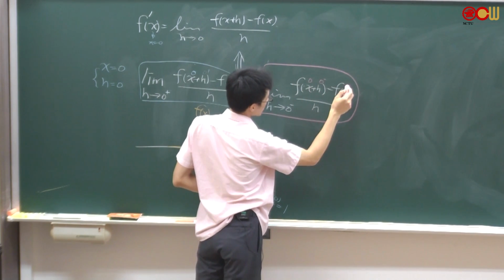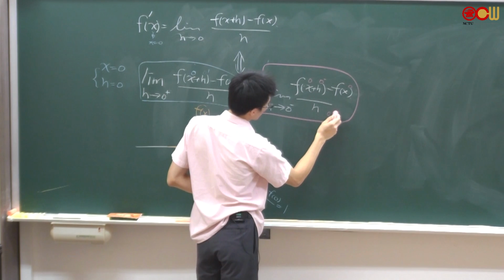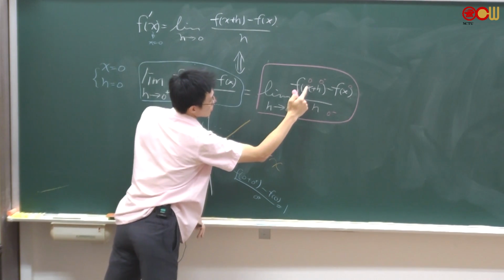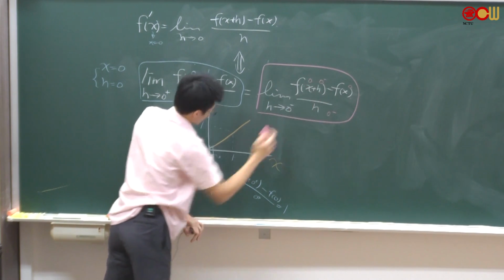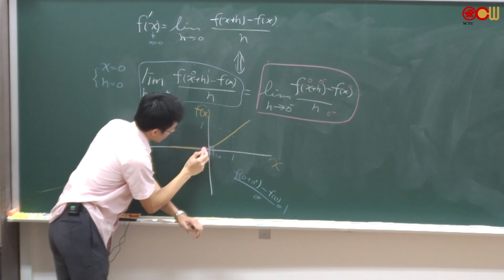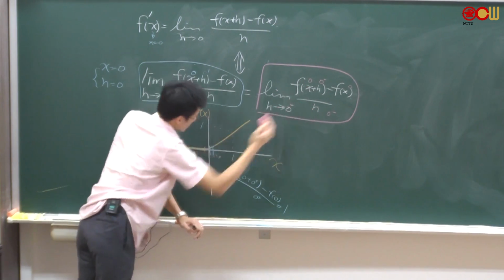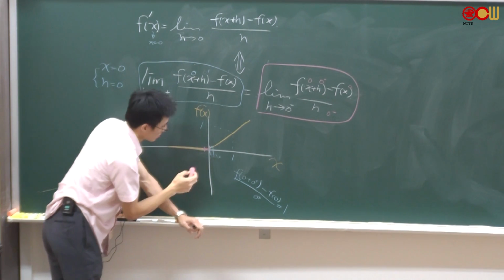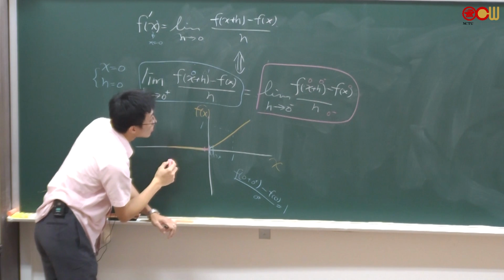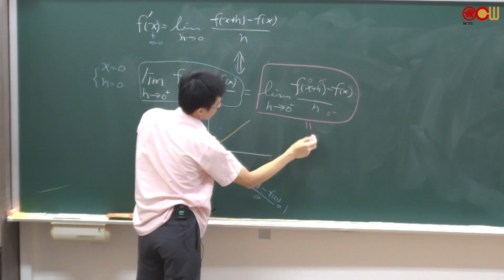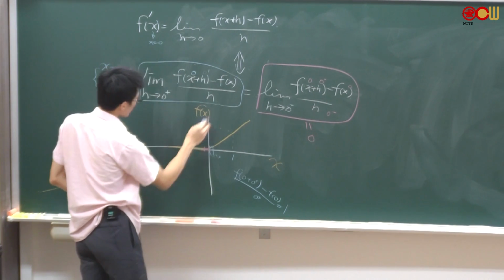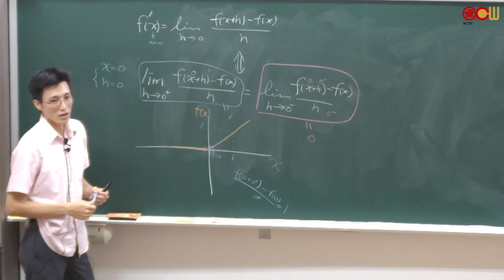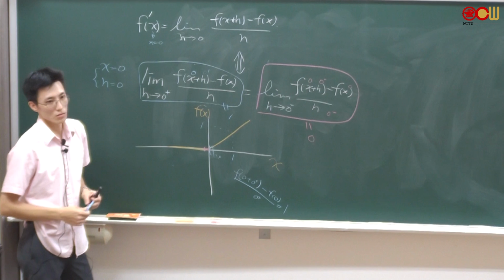Here is 0 minus. Which means we evaluate here at 0 and 0 minus. So it's on the left-hand side, right? And here is 0. So we want to see the slope of this, which is 0, right? And this is 1. So are they equal? They are not equal. So it's not differentiable.